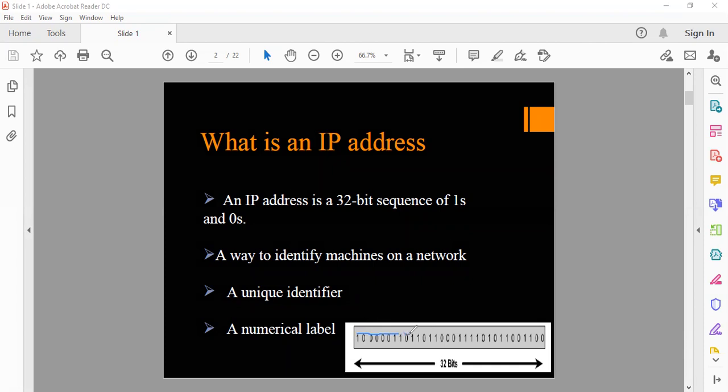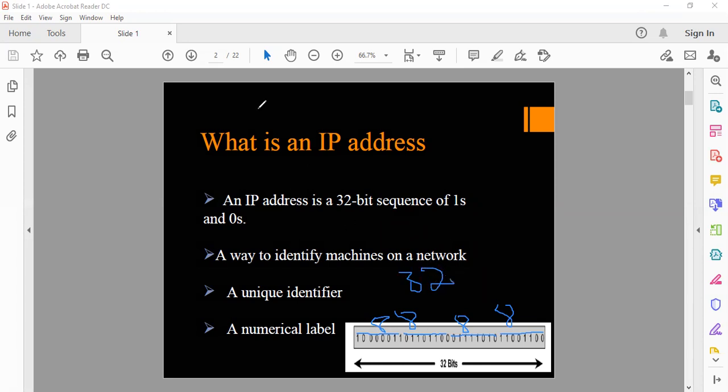Then 1 2 3 4 5 6 7 8, it is the second octet. Then 1 2 3 4 5 6 7 8, it is the third octet, and this is the fourth octet. Meaning IP version 4 is 32 bits long. Four times 8 is 32.